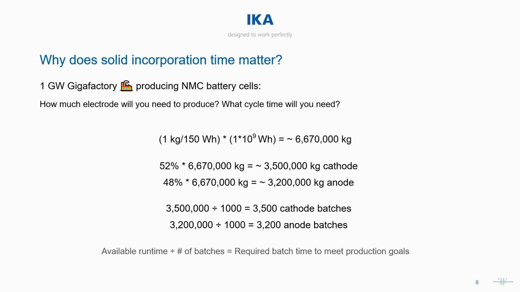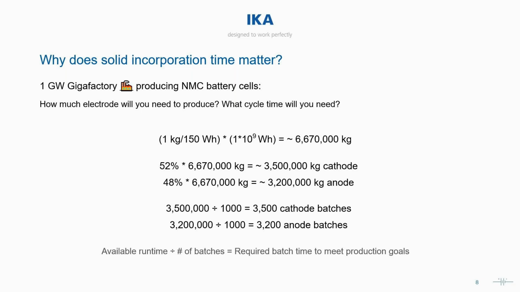Now we need to look at the available runtime of the tool. As those of you who are in manufacturing well know, just because you have the tool year-round does not mean it will run year-round. We have to take time for maintenance. We have to take time for unplanned downtime. So for the sake of this thought experiment, we assumed an available runtime of 80% of the year.